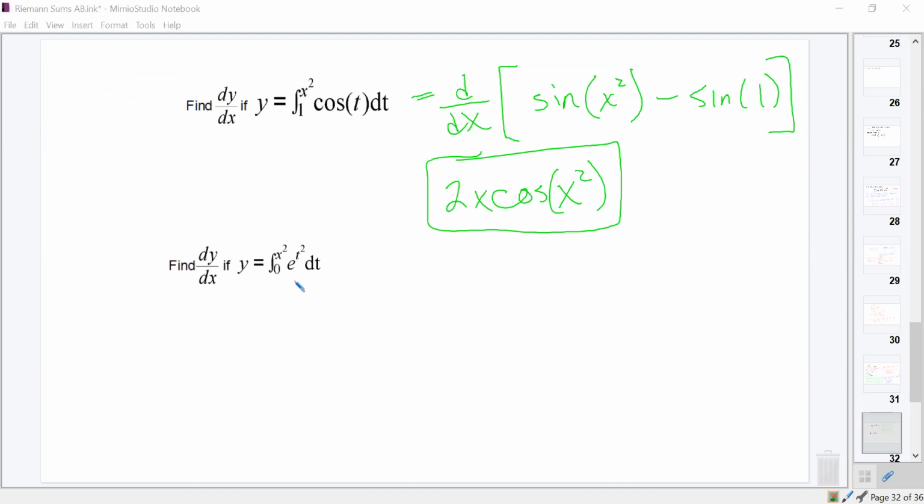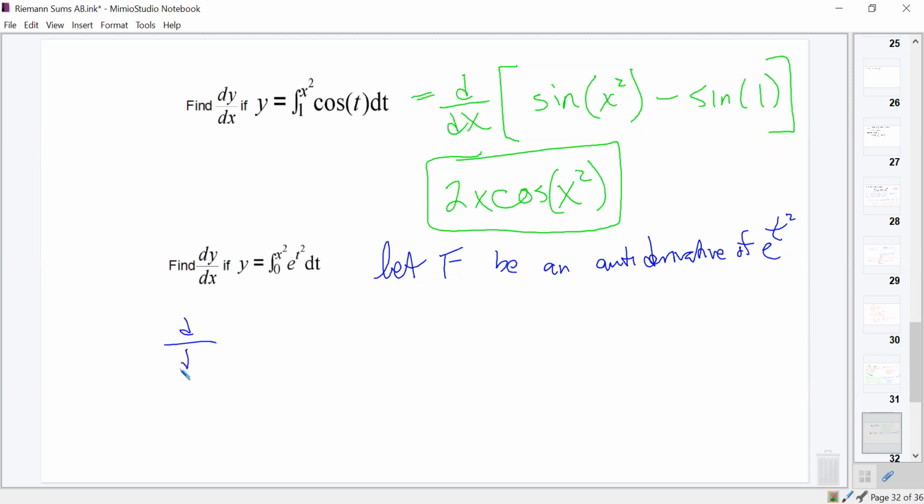All right. So using that same logic, let's do this bottom one. You probably don't know what the integral of e to the t squared is. So we're just going to let capital F be an antiderivative of e to the t squared. And so now we're looking for the derivative with respect to x of capital F of x squared minus capital F of 0.